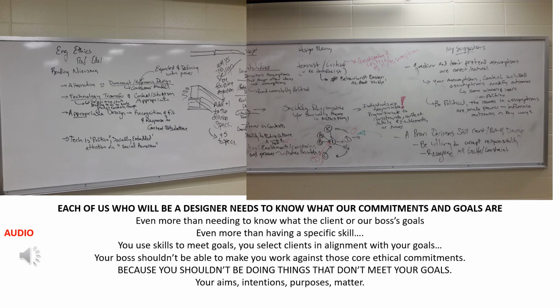Because you shouldn't be doing things that don't meet your goals, your priorities, even as an engineer, even when your obligation is to the profession, the freedom you have, the agency you have is to do good engineering and being a good engineer on projects where your aims, intentions, and purposes matter.